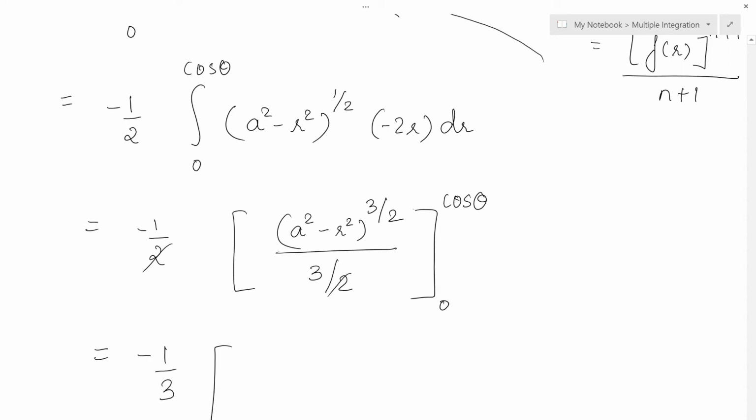Let us substitute the limits. First let us substitute the upper limit and then we will substitute the lower limit. So when I substitute the upper limit, I will have a square minus a square cos square theta, raised to 3 by 2, and then the lower limit.